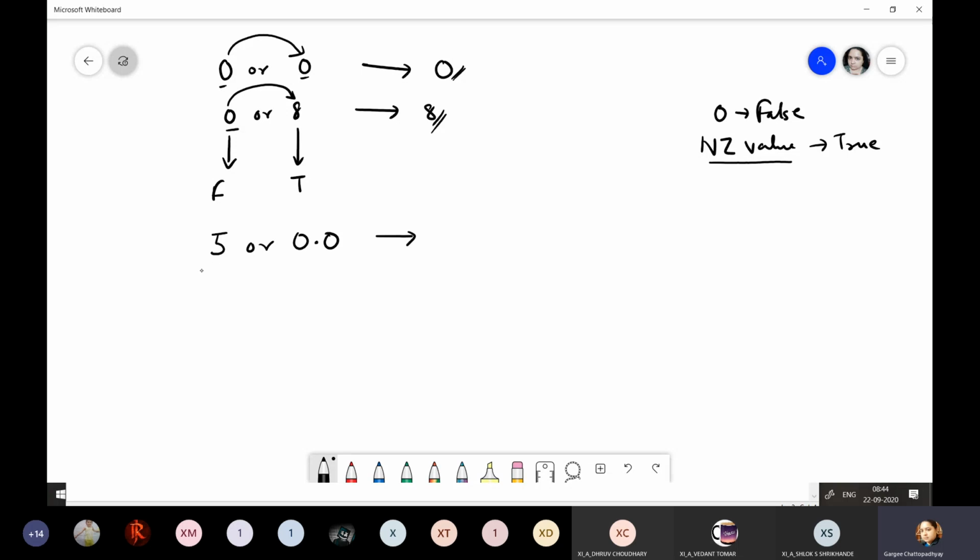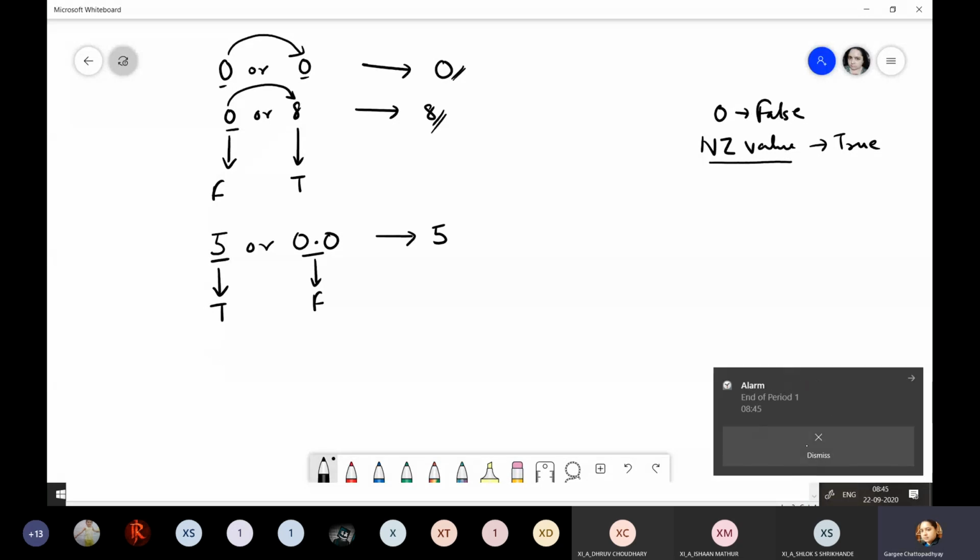These are literals, that is constants. 5 is what? It is a non-zero value, so it is true. 0.0 amounts to 0 only, it is false. 5 will be returned. Yes, first one is true, work finished, 5 will be returned. This is true, and you know that for OR one true is enough, so it will return the first one.